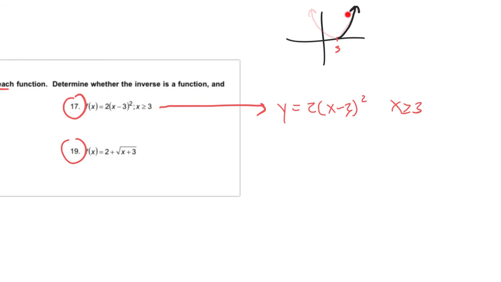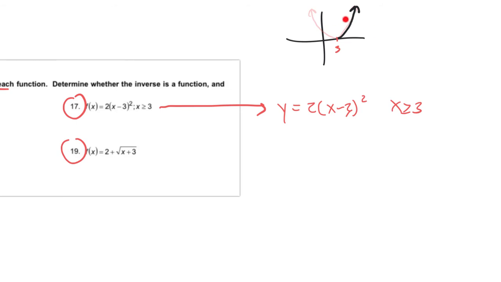Now, this passes a vertical line test. It's indeed a function. Now, by the way, if you were to pass a horizontal line over it, it would pass that test as well, meaning the horizontal line would only intersect this black part at one point at any given moment, okay? So it passes what could be considered the horizontal line test.